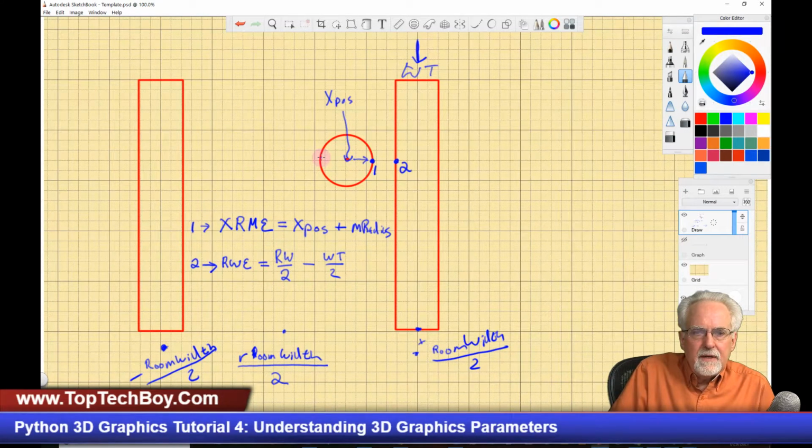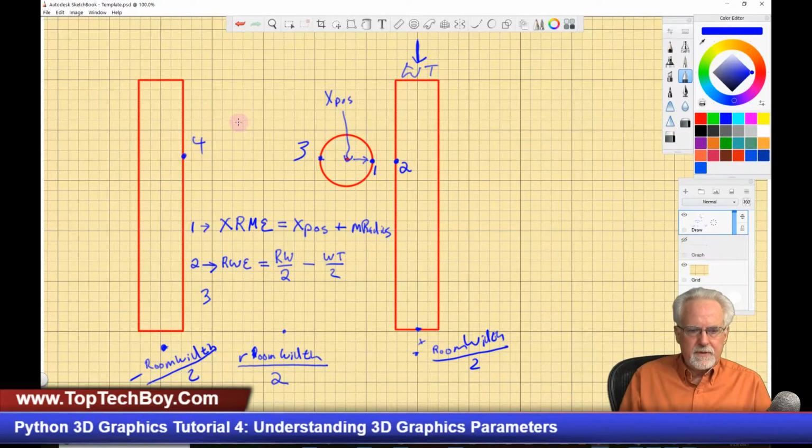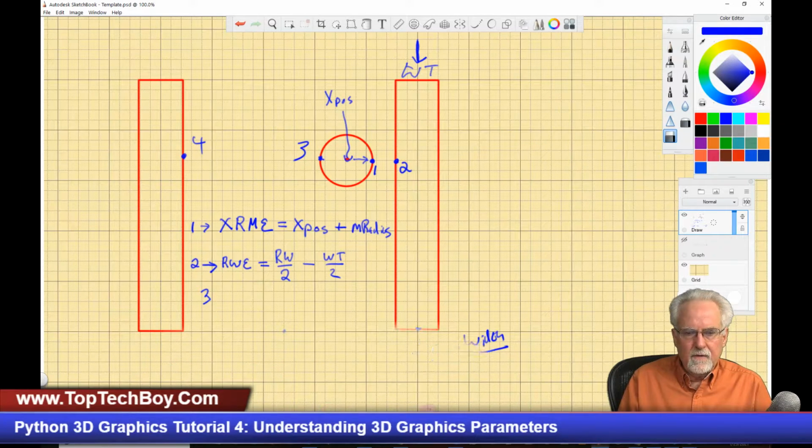Now I'm going to need position 3, and then I'm also going to need position 4. So this is going to be position 3, and this is going to be position 4. I'm going to take a second to erase a few of these things so that I have room here.